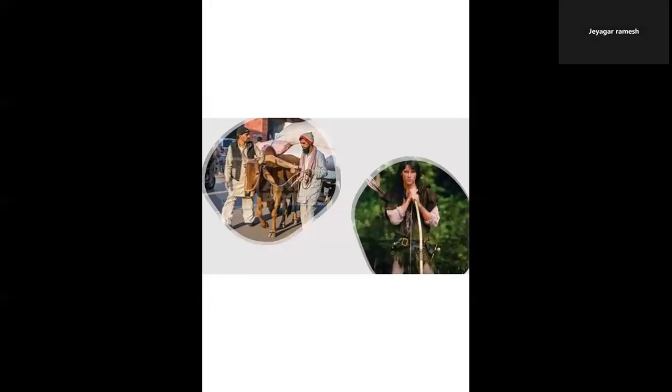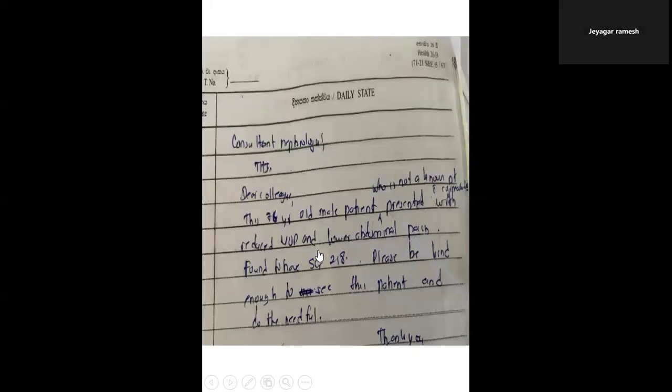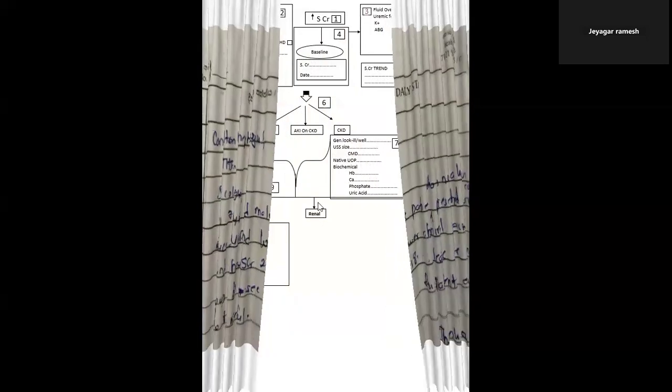So in that case, we should combine albumin with terlipressin, which would keep the blood in the systemic circulation and improve the systemic perfusion pressure and renal perfusion. So this is how we manage the renal failure.